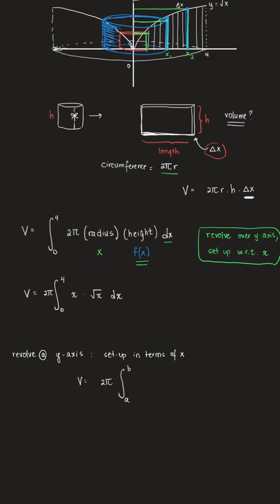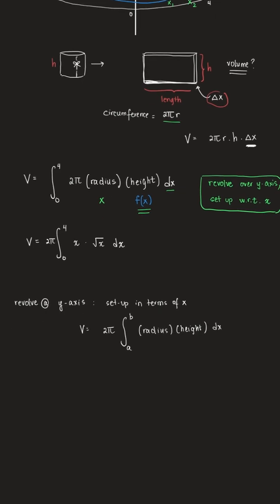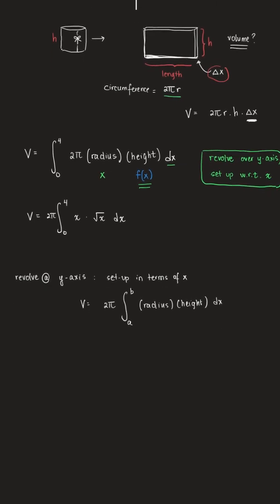A to B, this should be radius, height, dx. If we're revolving over the y-axis specifically, then radius equals x, and height equals f of x. All right, that's 1.